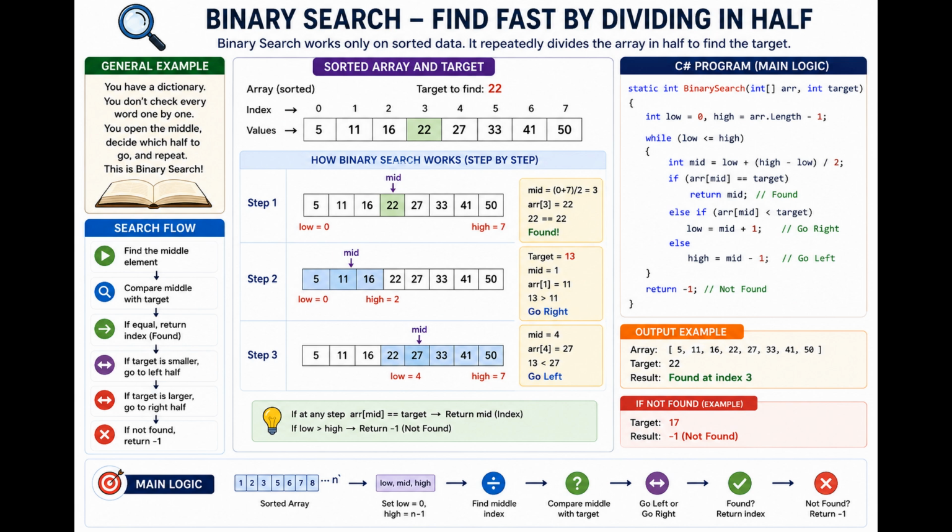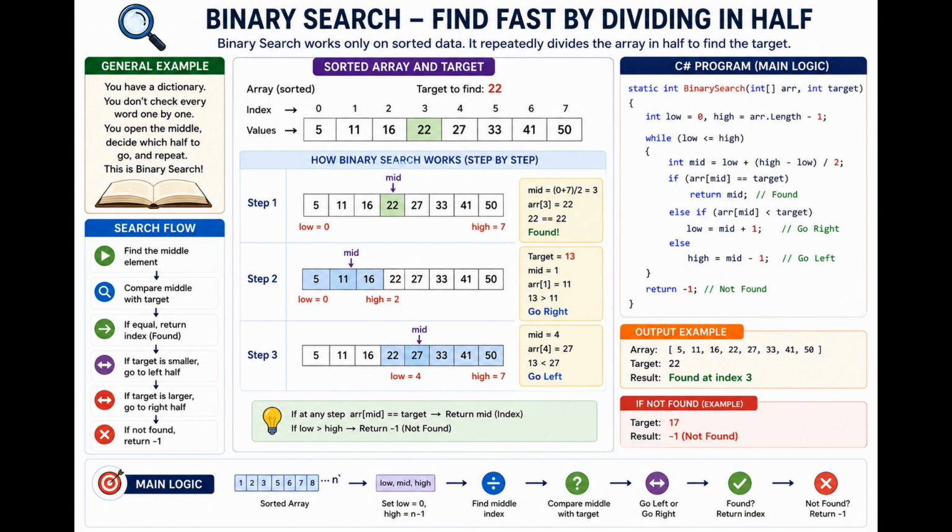Suppose our target is 22. The computer first finds the middle element. If the middle element is the target, the search is complete. If the target is greater than the middle value, the computer ignores the left half and searches only the right half. If the target is smaller than the middle value, it ignores the right half and searches only the left half.